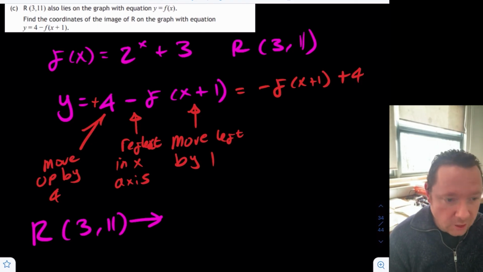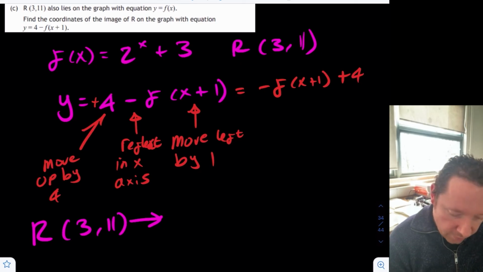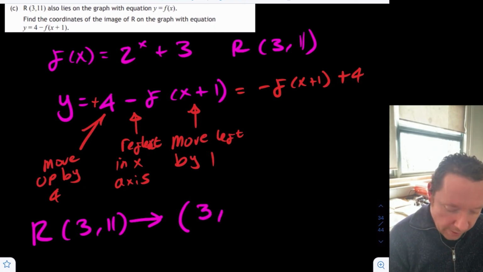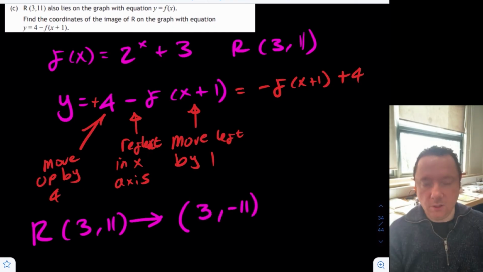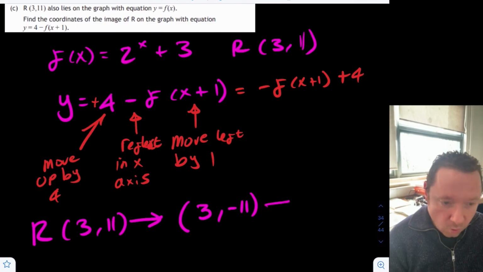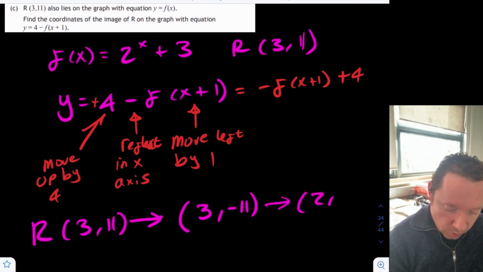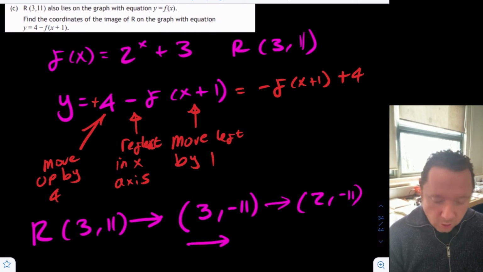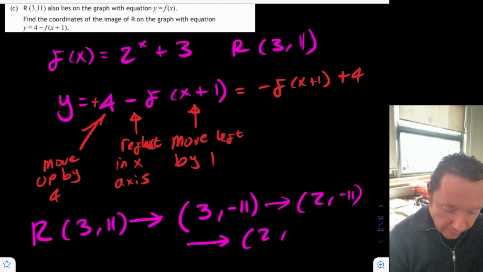So our reflection, minus f of x plus 1, 3, 11 becomes 3, minus 11, because it drops down underneath. And then that goes to moving left by 1, so 3 becomes 2, so 2, minus 11. And then finally, we need to move up by 4, so we get 2, minus 7 as our final answer.